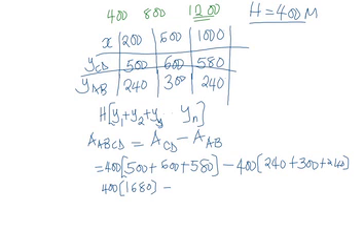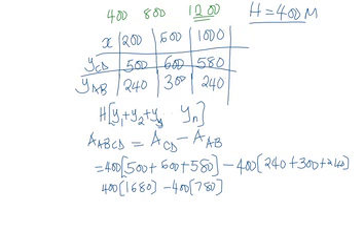Then we'll subtract 400 multiplied by 240 plus 300 plus 240, and that one gives us 780.